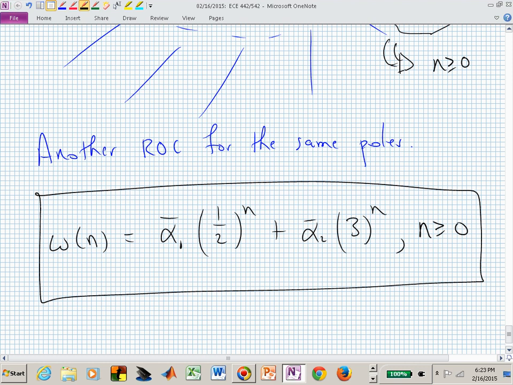Is that a bounded sequence or unbounded? Is it causal or anti-causal first? It's causal, isn't it? It's happening after 0. That's what we're calling causal. Is this sequence bounded or unbounded?